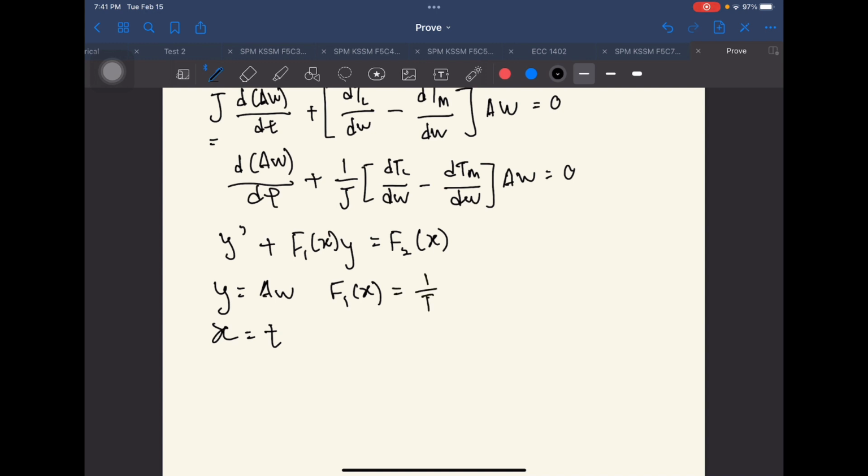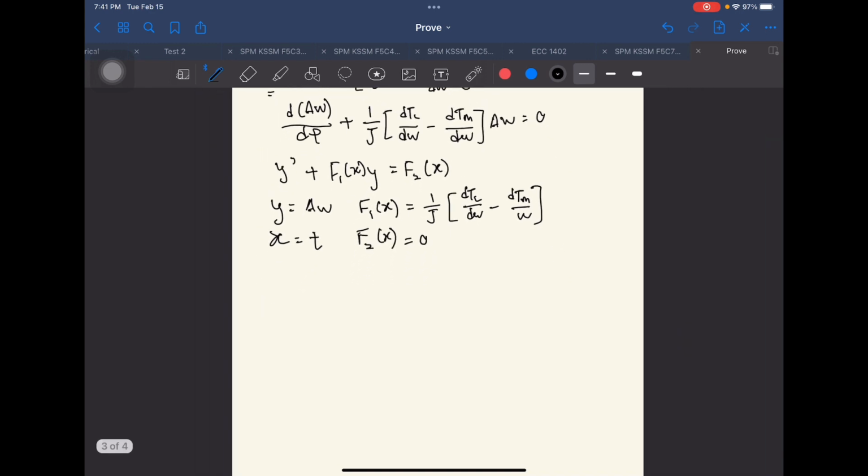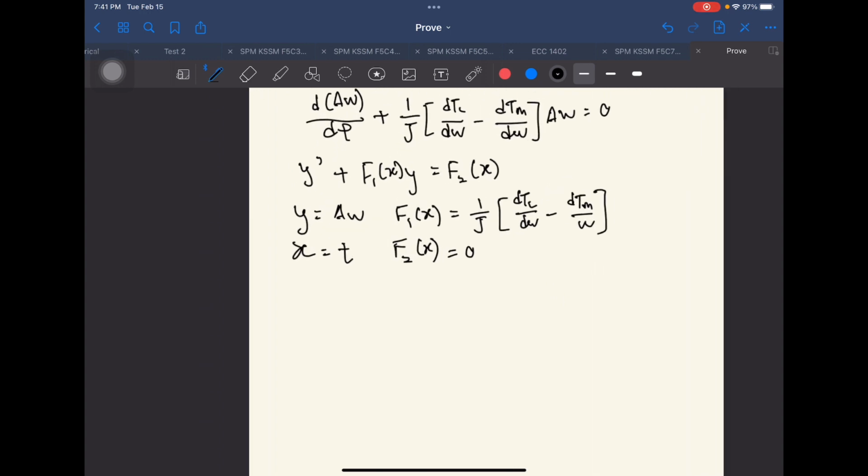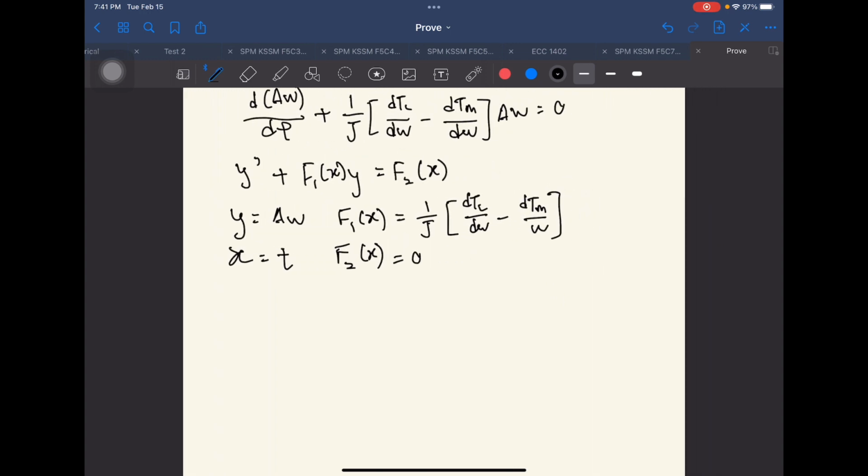f1x is 1 over j, the whole bracket, and f2 is 0. So we just proceed with a standard procedure with first order ODE. So your ix equals e power of integration of f1x dx.